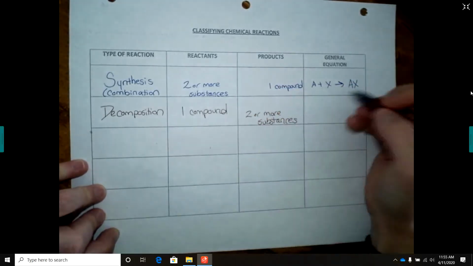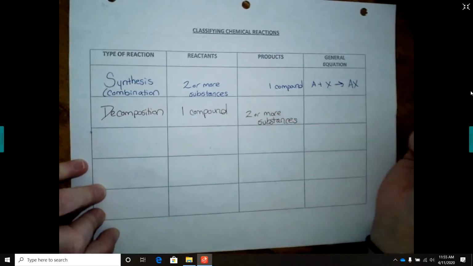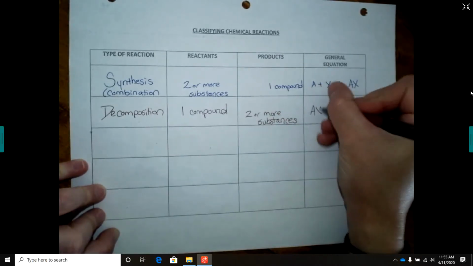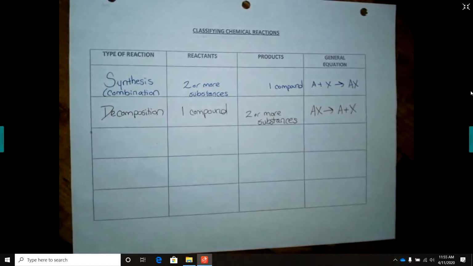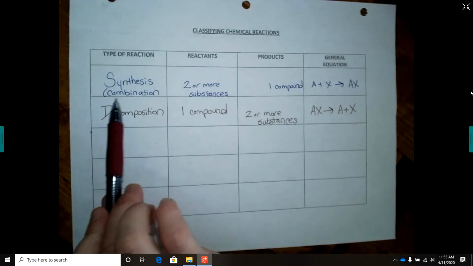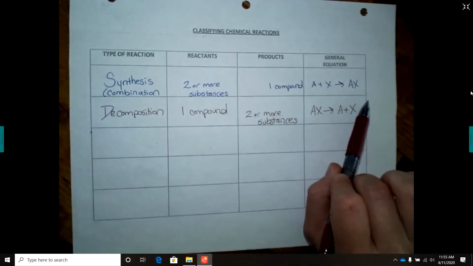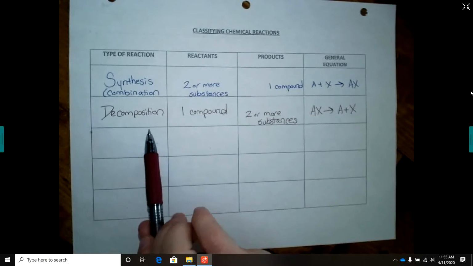So the equation, the opposite of this, would be AX yields A plus X. My illustration for that would be, if synthesis, the example is marriage, 2 becoming 1, then decomposition represents divorce, the couple splitting up back into just individual single people.